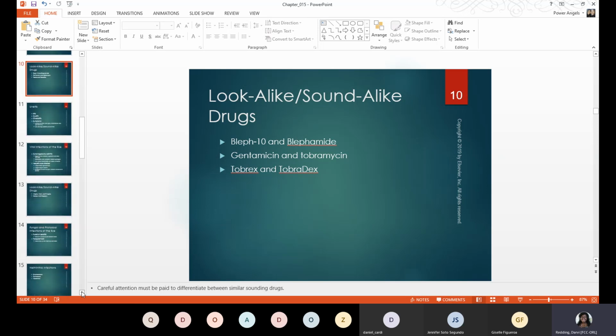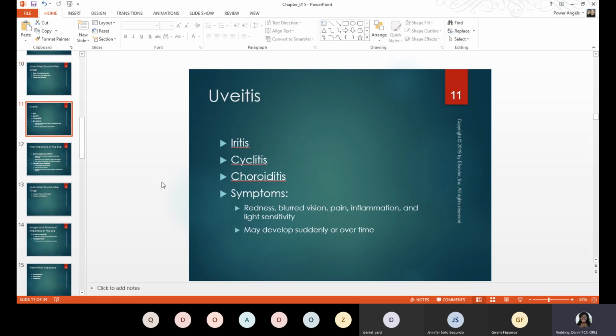So as we continue learning about other infections in the eye, we're going to learn about uveitis. Some of the parts that may be involved are iritis, cyclitis, and choroiditis, and there are some symptoms associated with this.